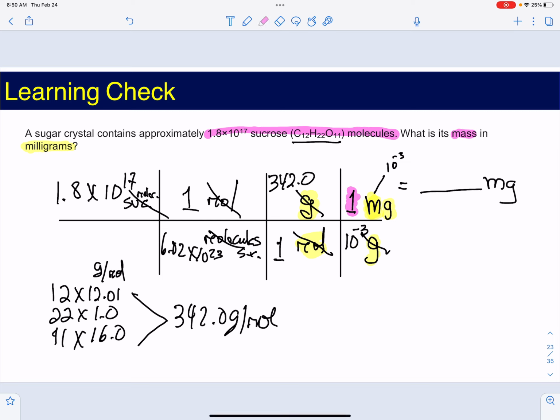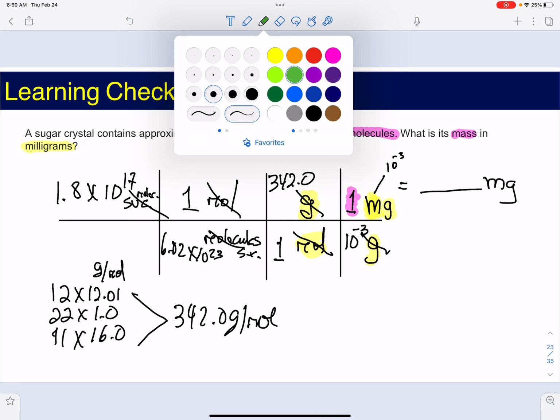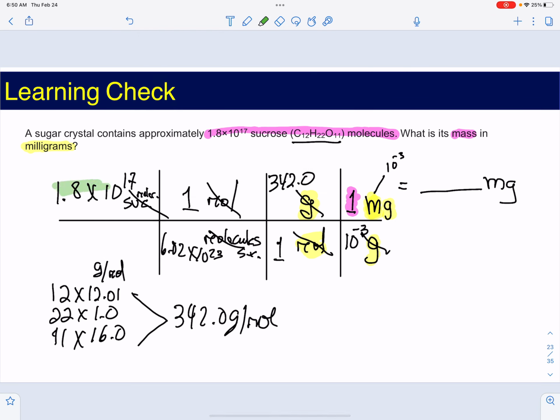So for the purpose of your calculator, you're gonna do 1.8 times 10 to the 17 multiplied by 1, multiplied by 342, multiplied by 1, divided by the Avogadro's number, divided by 1, divided by 10 to the minus 3, or 0.001. And that should get you your result, which should be at 2 significant figures.